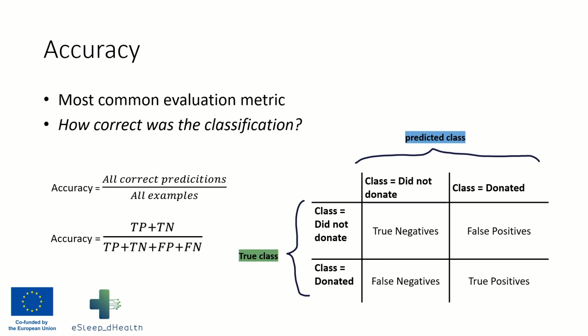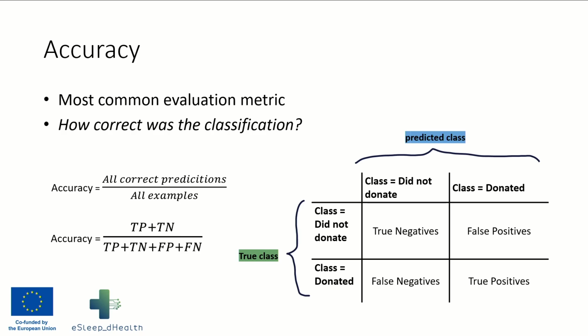And the most common evaluation metric is how correct was the classification. That's our accuracy. So we take all correct predictions and divide this by all examples in the test set.